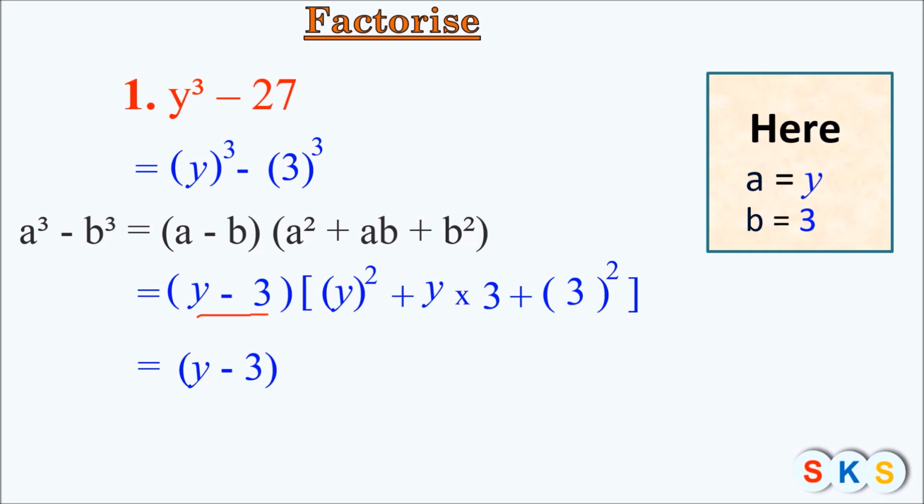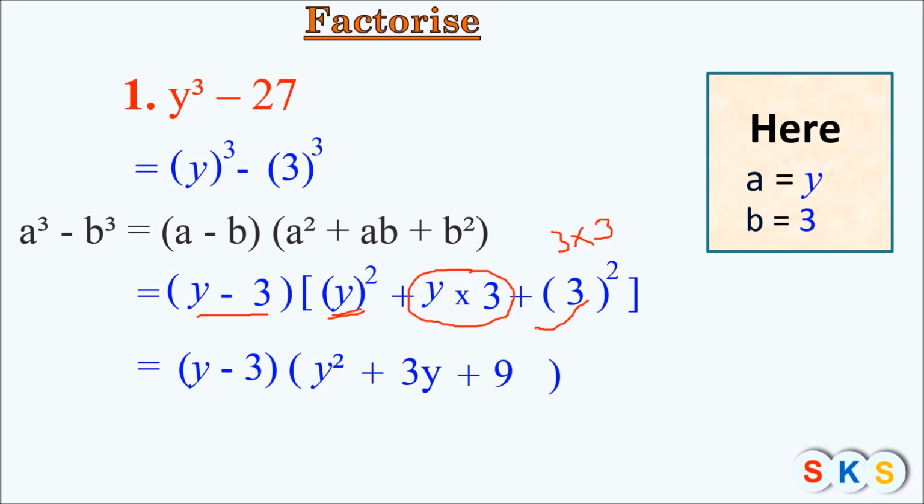Now the second bracket: the first term is y square, which means y into y, giving y square, plus y into 3, which is 3y, plus 3 the whole square, which means 3 into 3, giving 9.